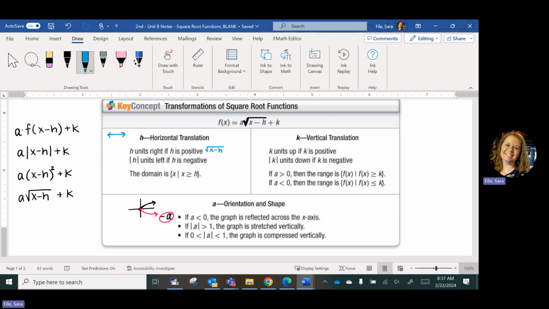Now, if your H was negative, what happens if I plug in a negative and I have minus a negative? What does it become? It becomes plus. So it would actually look like this: X plus H. That means that your H is negative and your graph is shifting to the left.